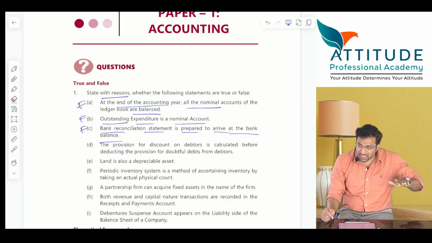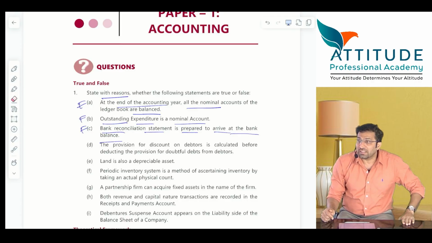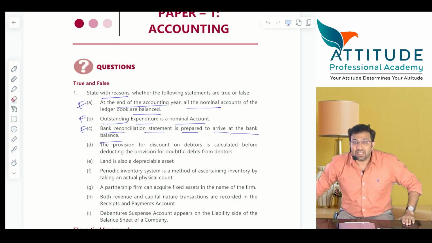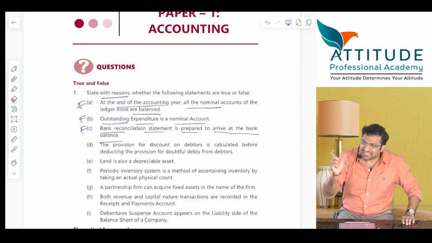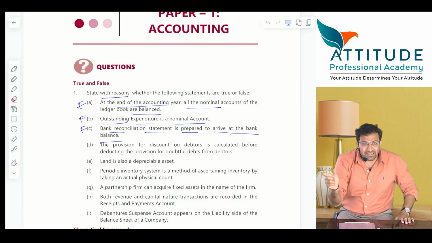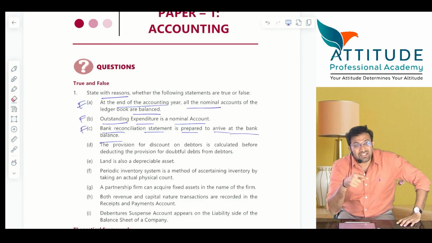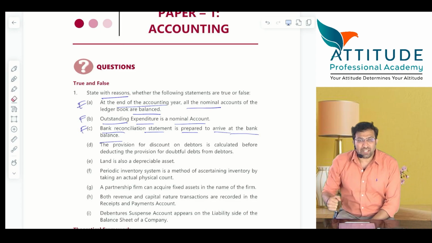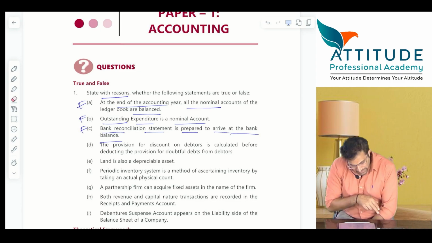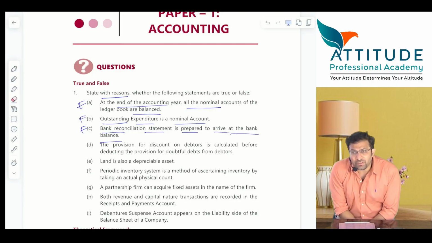Entry passed in cash book is on 22nd December, but on 27th December the entry is passed in passbook also. समझ में आया? Difference तो है. Not only to reconcile, but also to explain why there is a difference between bank balance as per cash book and bank balance as per passbook. That is why this is prepared. I hope all of you understood.